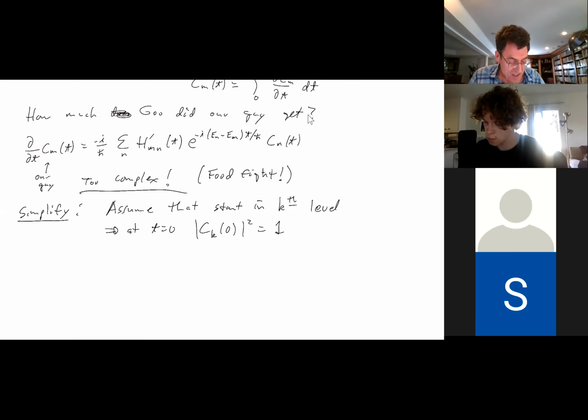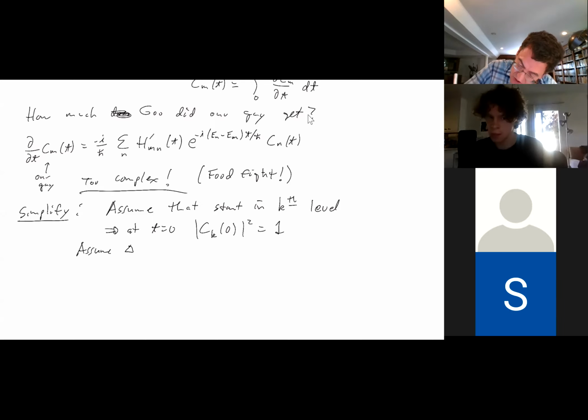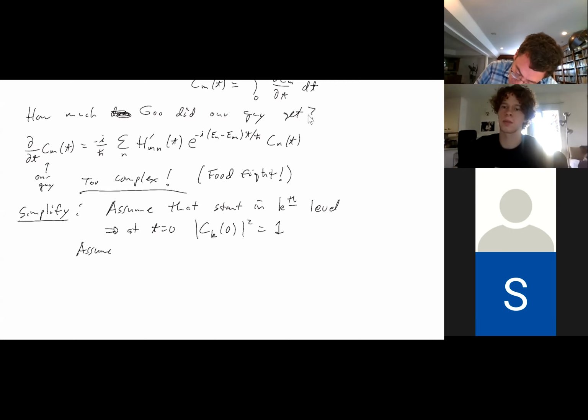But now let's make another assumption. Let's assume that the time, the delta t, that time equals t is short. And we'll quantify that in a moment.